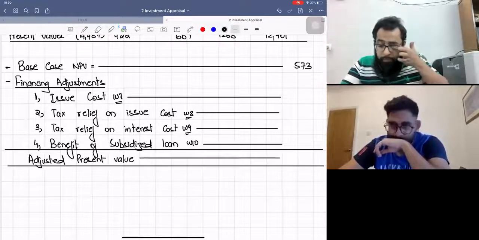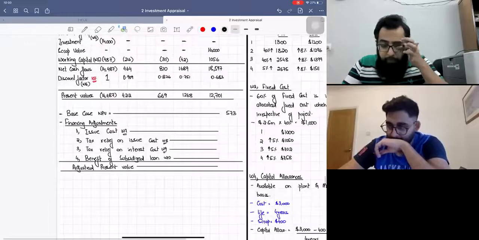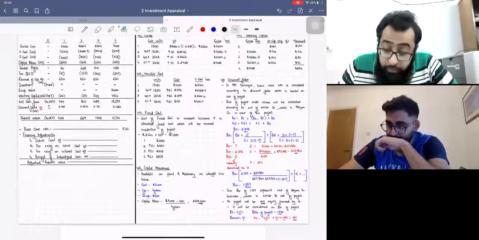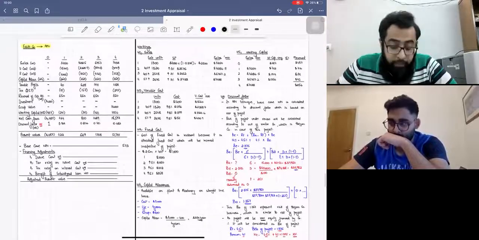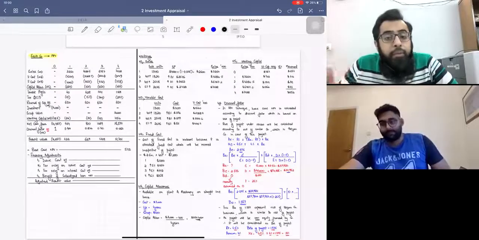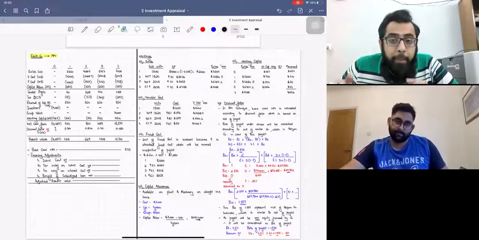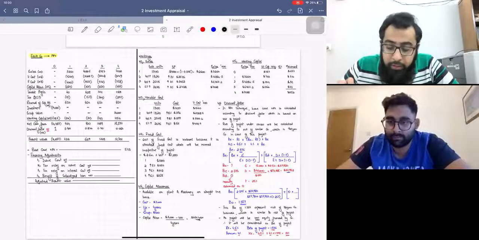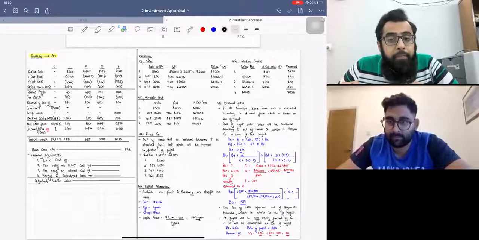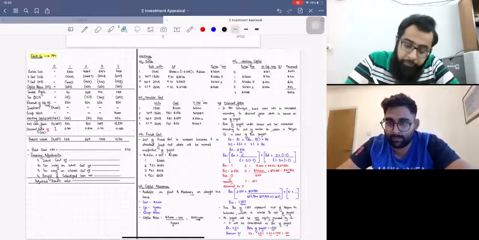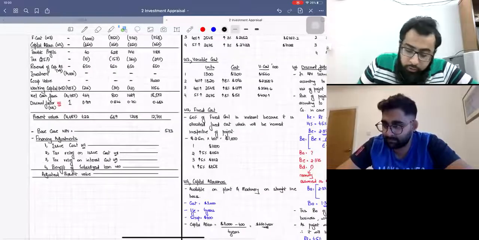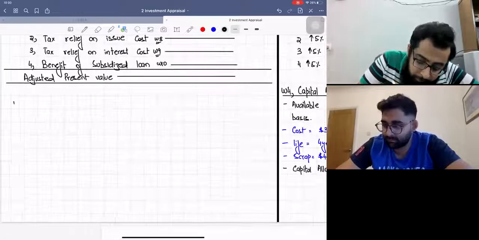Okay, now, till now, if you look at it, till the net cash flow, it was simple old NPV. The first new thing which was related to APV was the calculation of the discount factor. Now, first of all, we will work on issue cost, working 7.